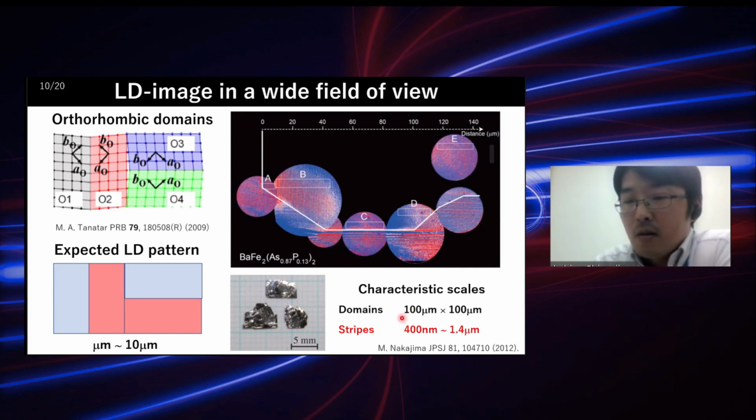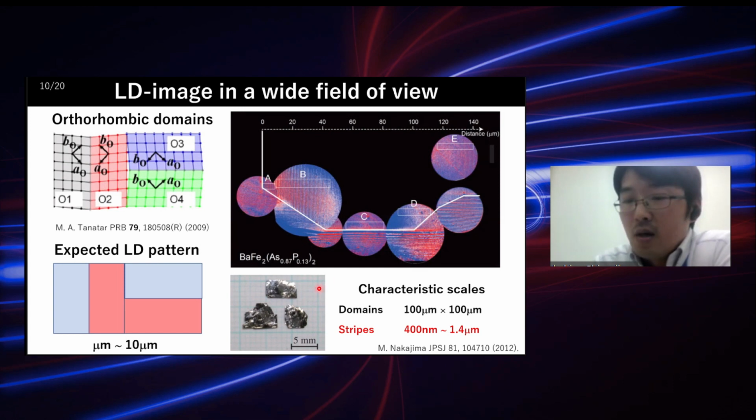And in addition, we observe very tiny stripes, which have a period from 400 nanometers to 1.4 micrometers, depending on the sample positions.